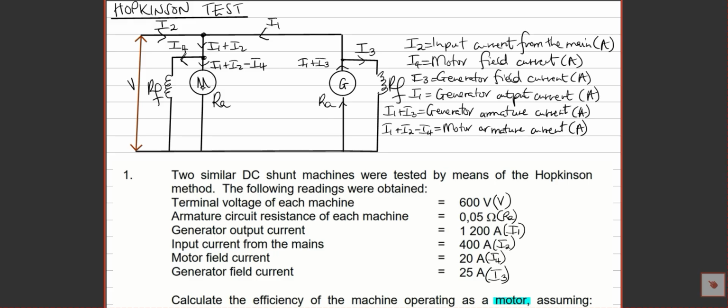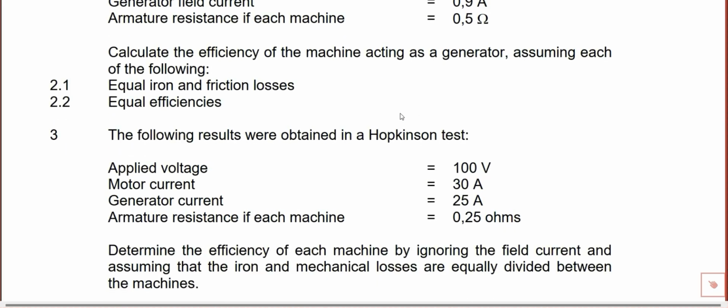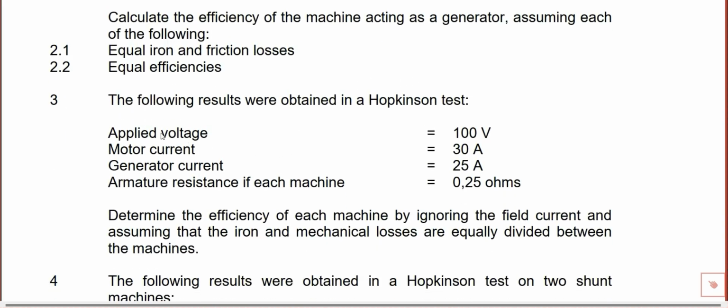And then you have the motor armature current. They haven't asked this question yet. I hope they never do. There's a case where they say consider that the field resistances are negligible. I do have this question here, but they've never asked it, fortunately. This third one says the following results were obtained in a Hopkinson test: the applied voltage, motor armature current, generator armature current, and armature resistance of each machine.